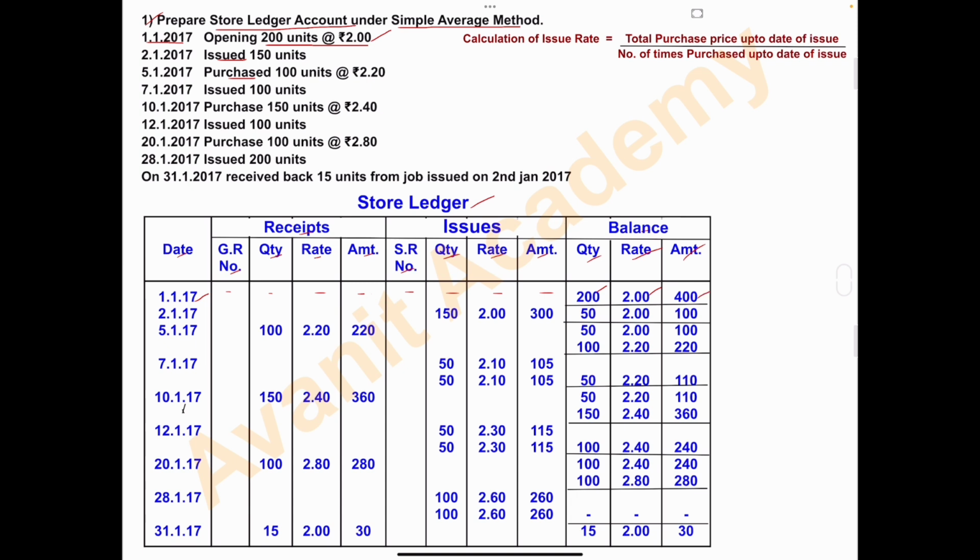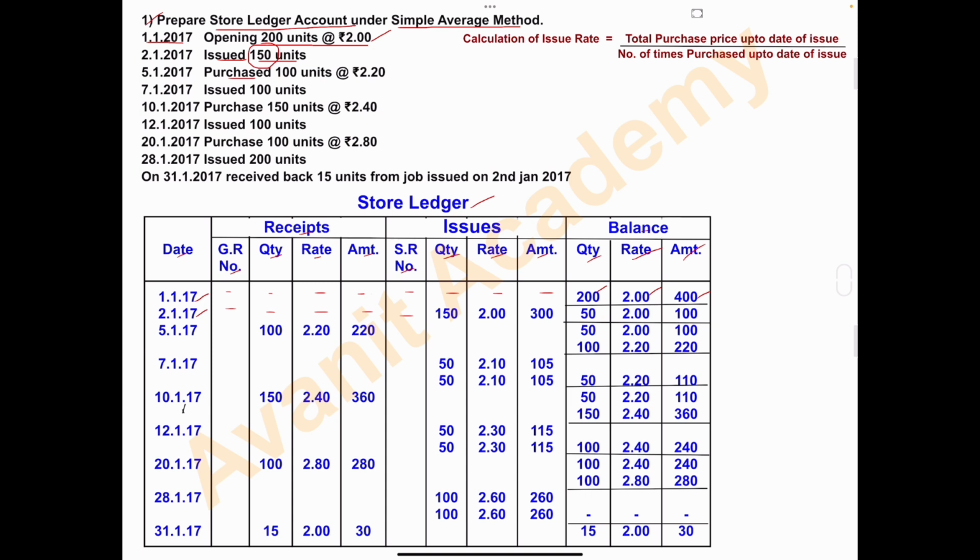Next is 2nd January 2017, issued 150 units. 2nd January, how many units we have to issue? 150. Receipts column nil, issues column right. So in balance we have total 200 quantity, rate per unit is 2.